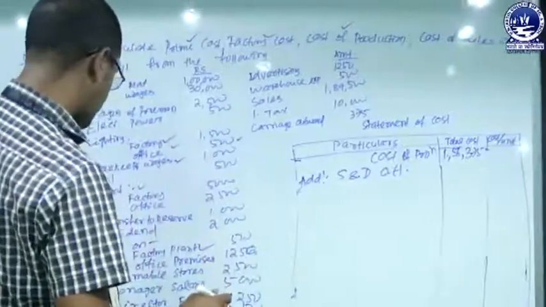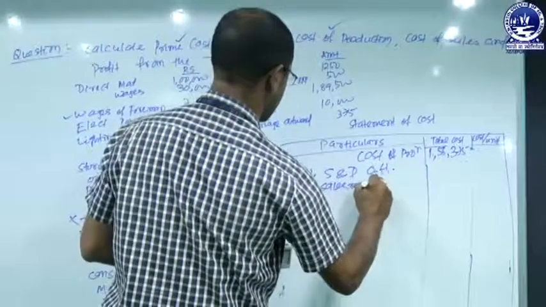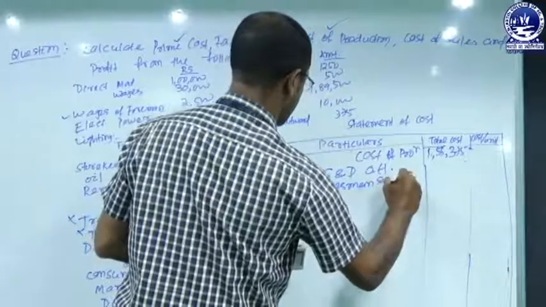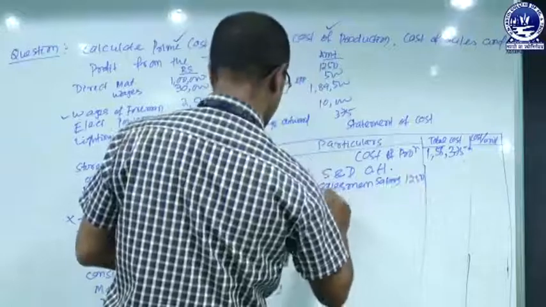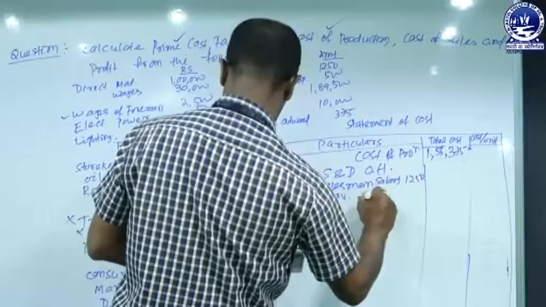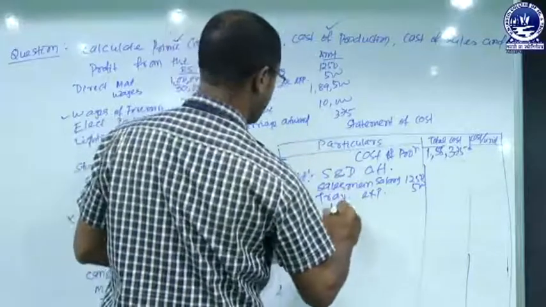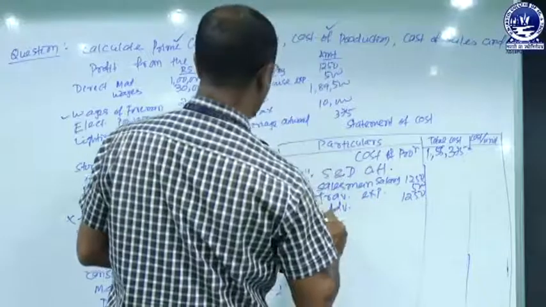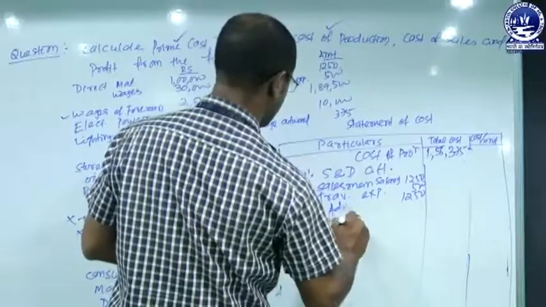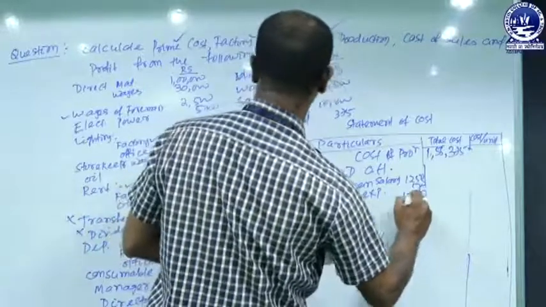There are certain items, that is salesman salary. The amount is 1250. Another one is traveling expenses, that is 500. Next one is advertising, that is also selling and distribution overhead, 1250. Warehouse expenses, that is also selling and distribution overhead, the amount is 500.